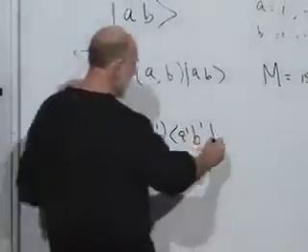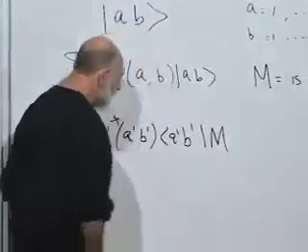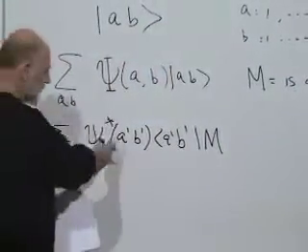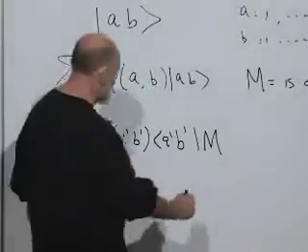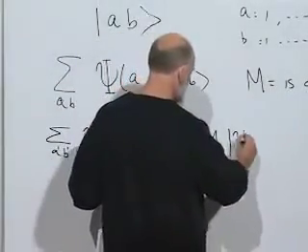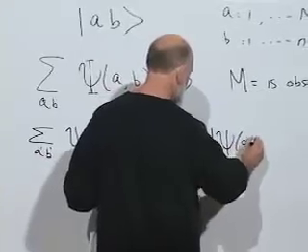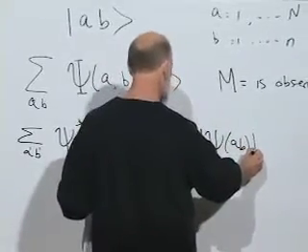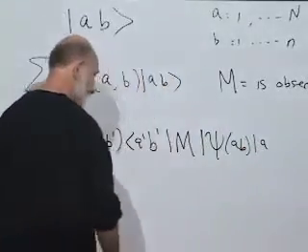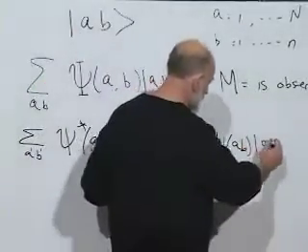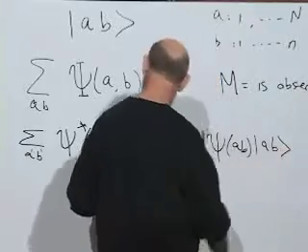Now we're going to multiply that by M, and now the ket vector, which looks exactly the same, except we won't have a complex conjugate: psi of A and B, ket AB.